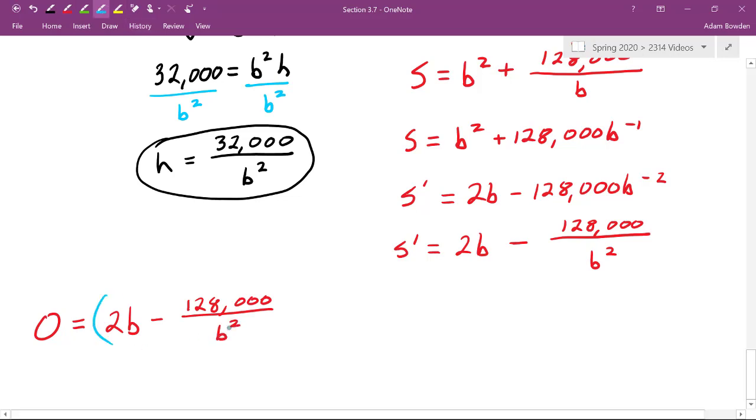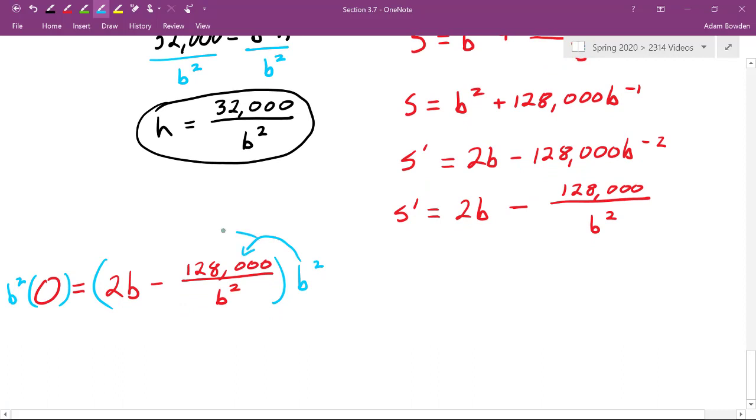Much like the last example, I'm going to multiply both sides by b squared. And that will distribute to both of these terms here, but get rid of the denominator. So 0 equals 2b cubed minus 128,000.